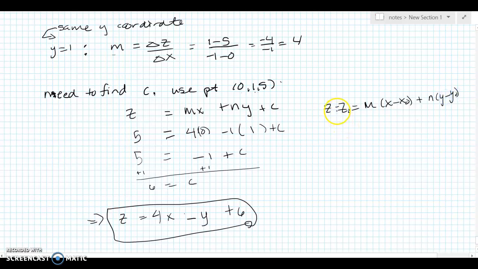And usually this is brought over as z equals z naught plus m(x minus x naught) plus n(y minus y naught). And so you can solve for the c that way.